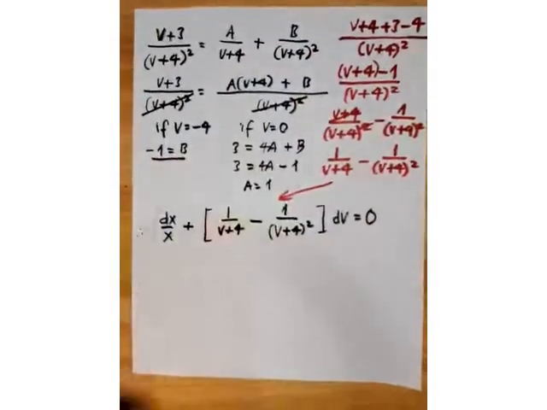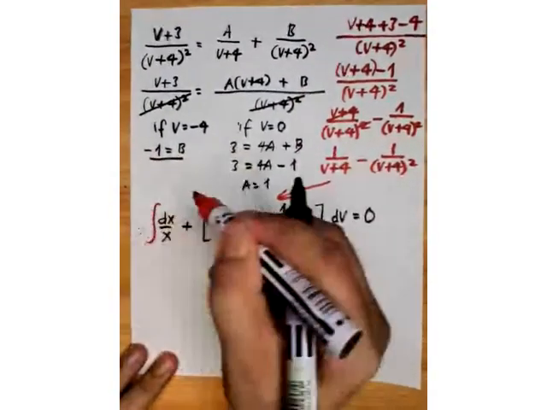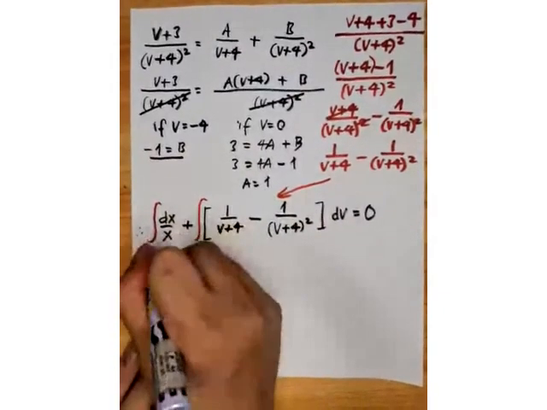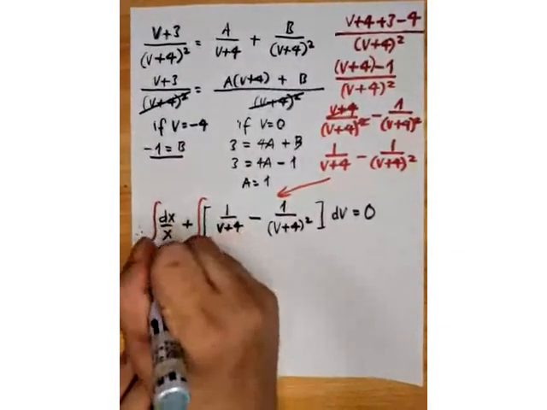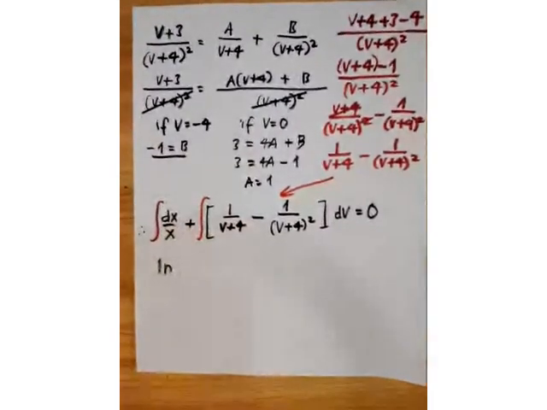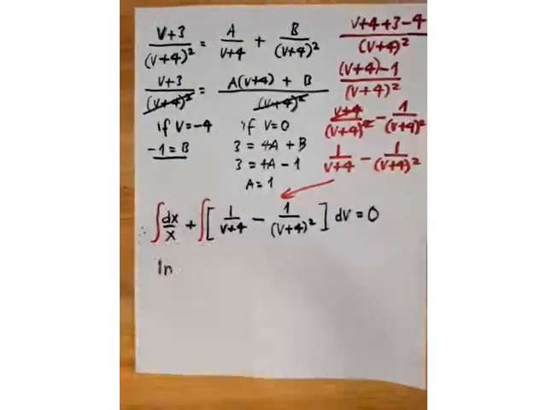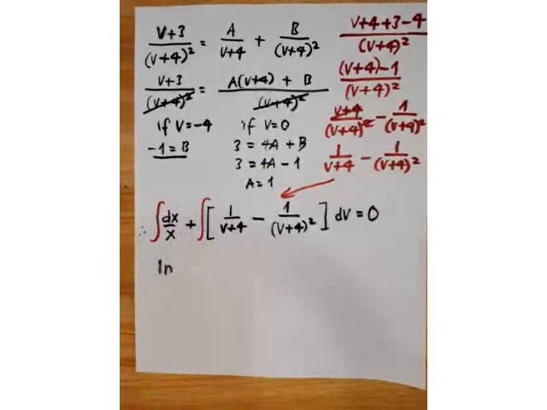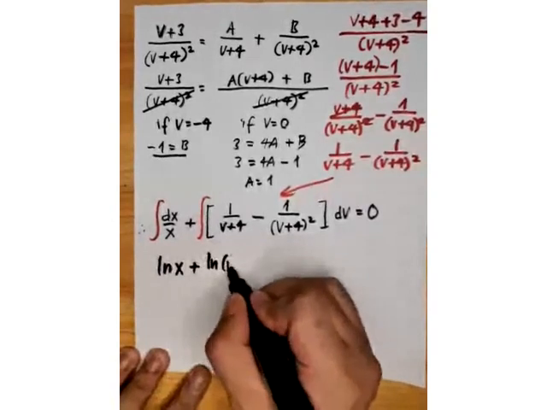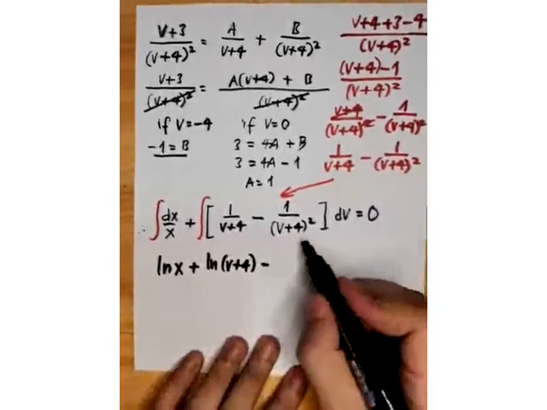So this is equal to ln of x plus ln of v plus 4 minus, so this one is by power formula.